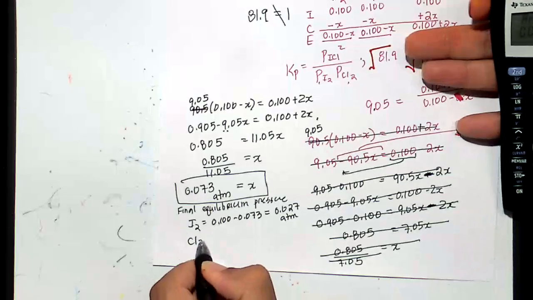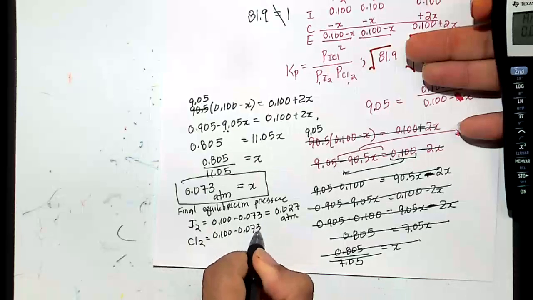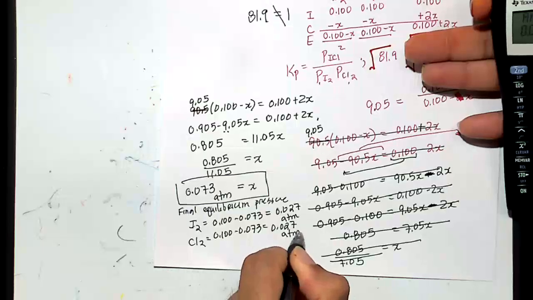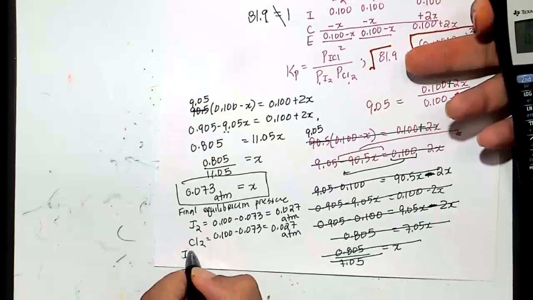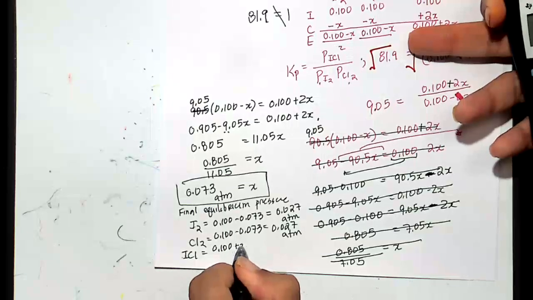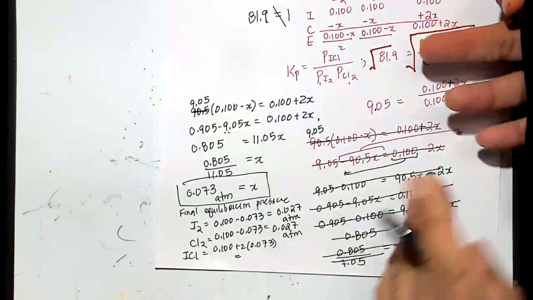Cl2 should be the same thing. 0.10 minus 0.073, which is 0.027 atmospheres. And then finally, ICl should equal 0.10 plus 2 times 0.073.